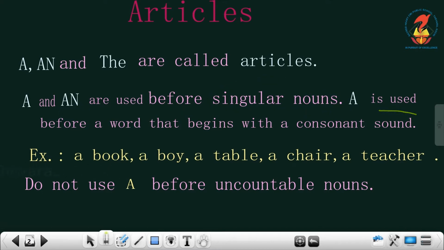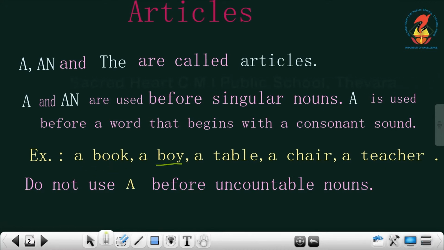A is used before a word that begins with a consonant sound. Example, a book, a boy, a table, a chair, a teacher. All these begin with a consonant sound.